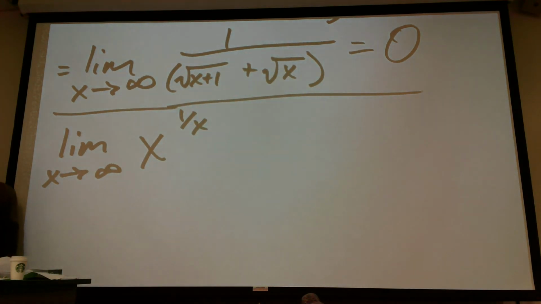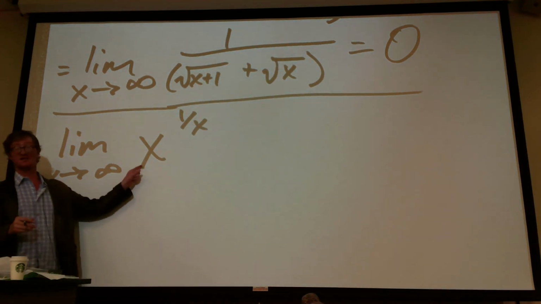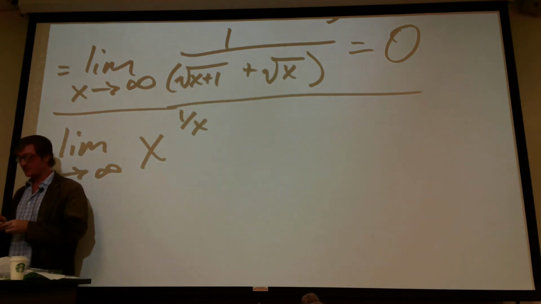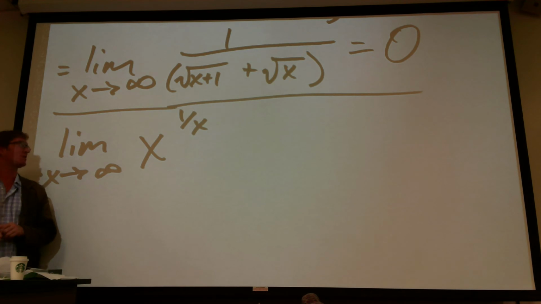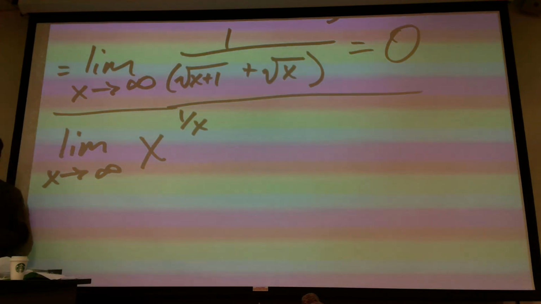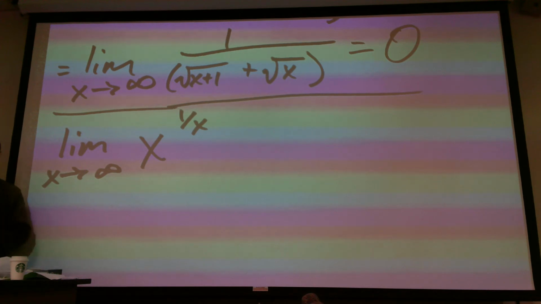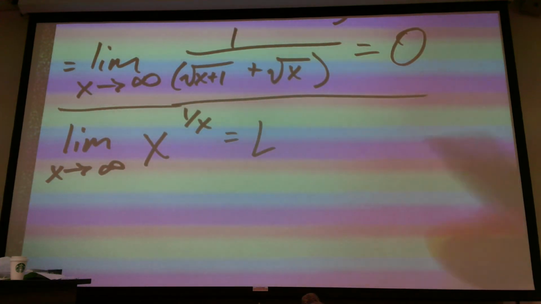This last one looks like this guy's going to infinity, and that guy's going to 0. And just as previously on problems that have stuff in the exponents, what are you going to do? You're going to take a logarithm. So we're going to say that this equals L.